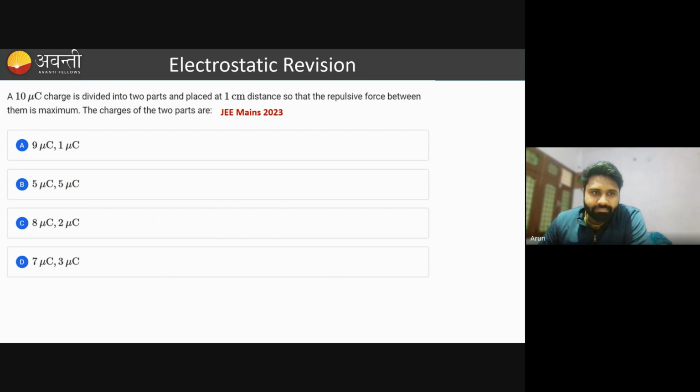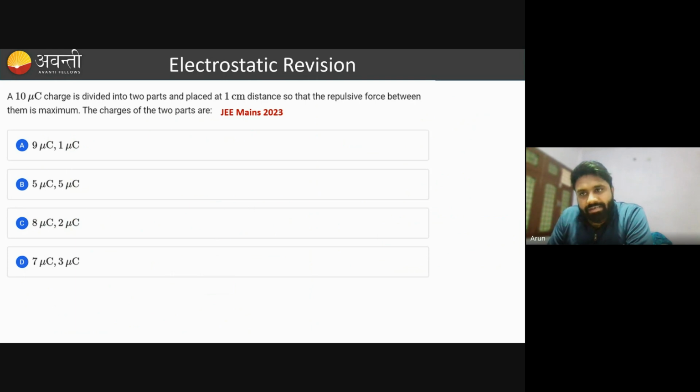Now, if you see this question: a 10 microcoulomb charge is divided into two parts and placed at 1 centimeter distance so that the repulsive force between them is maximum. The charges of the two parts are what? We have a charge of 10 microcoulomb.